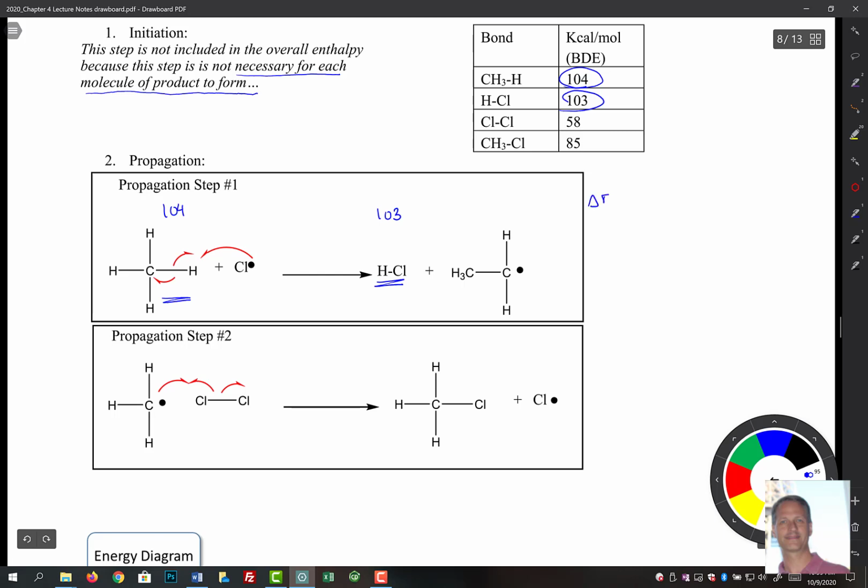So the delta H here is equal to 104 broken minus formed 103. That's kcals per mole. You could do it in kilojoules; some tables will list that. So that's going to give you a delta H equal to plus 1 kcals per mole. So that first step is slightly endothermic, right?